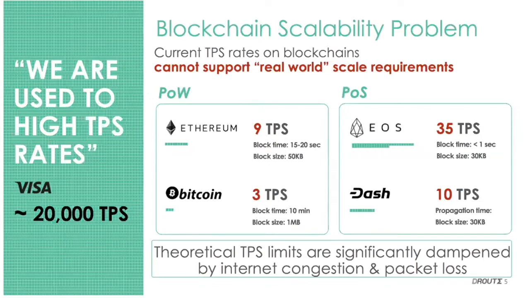If you're using a network that has a lot of packet losses, network congestion, and network latency, then it really does not matter how efficient your consensus protocol is, because it is fundamentally dampened by the network layer congestion and the packet loss.